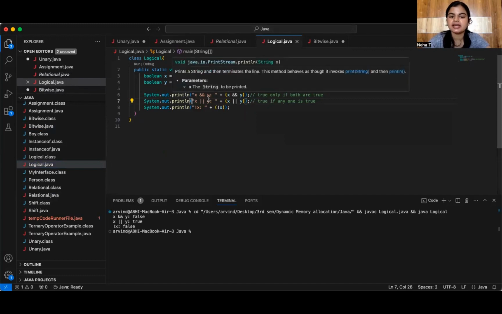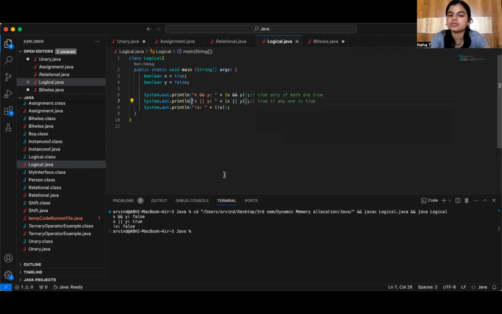So x AND y is true AND false, which will become false, because the AND operator returns true only if both are true. So we'll get false as the answer. x OR y will be true, because if any one is true, it returns true. Not x: because x is true, not x will become false. So we're getting false as the answer here.